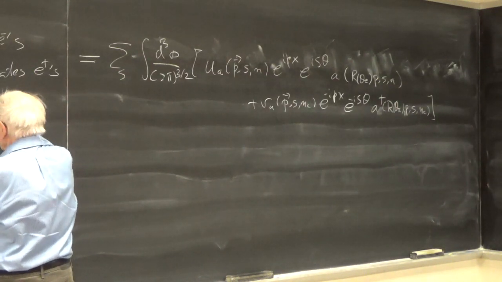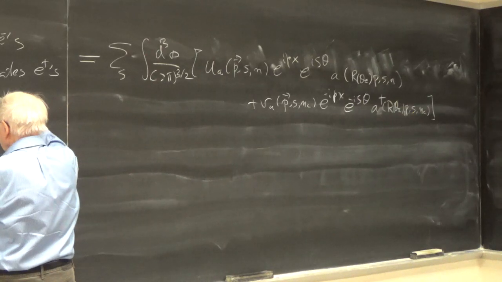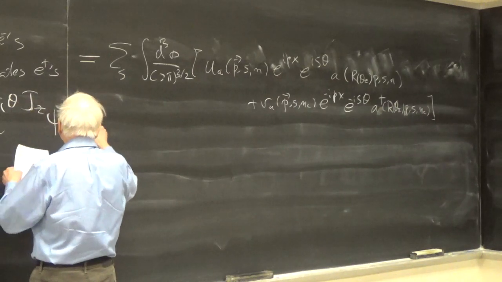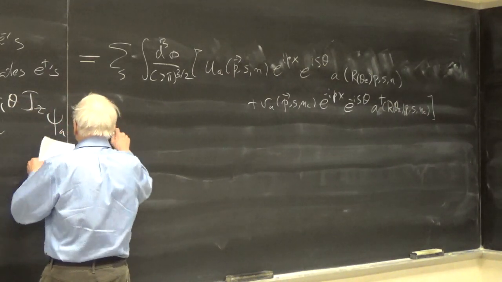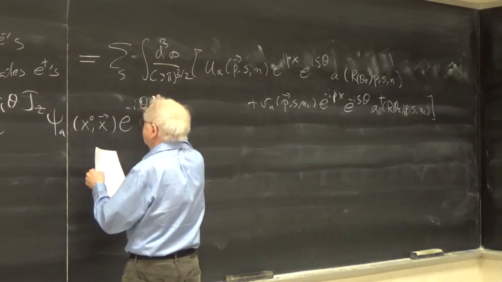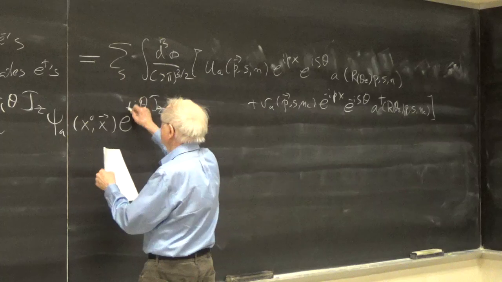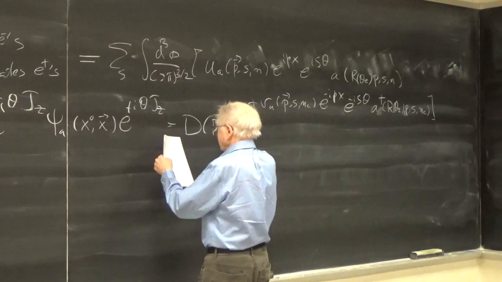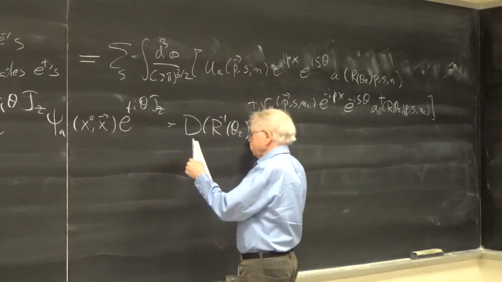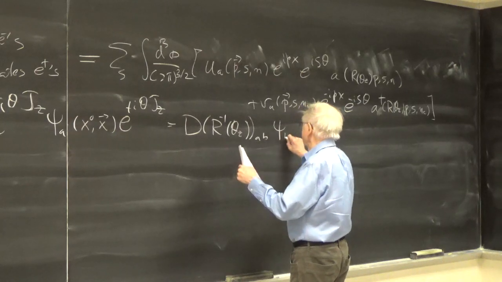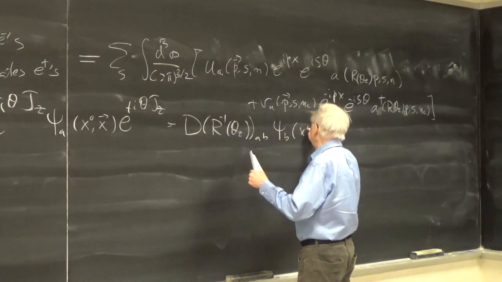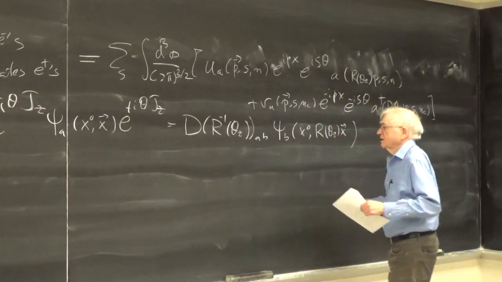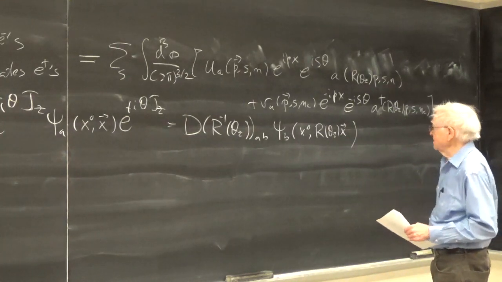So under a rotation, in fact, under a rotation about the z-axis, ψ_A of x^0 and x vector, e^{-iθJz}, no, that's a plus, is D of R inverse of θ_z, AB, ψ_B of x^0 and R(θ_z) x. So the space gets rotated by the rotation.